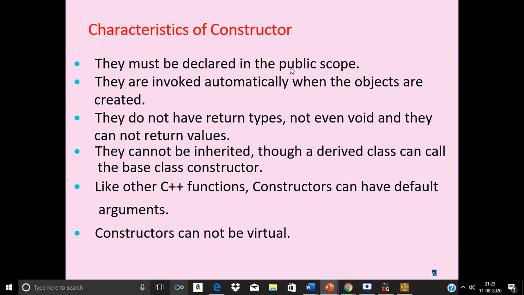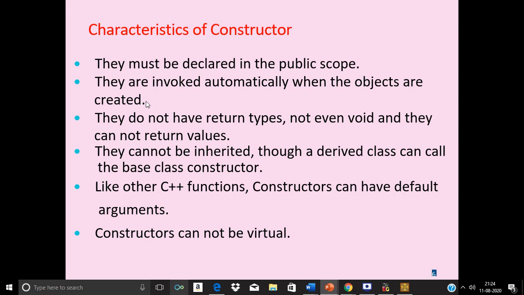If we define the constructor in private, it is not accessible in main, so the compiler cannot invoke the constructor automatically. So we always need to declare the constructor in public scope only, and they are invoked automatically when the objects are created. They do not have return types, not even void, and they cannot return values.